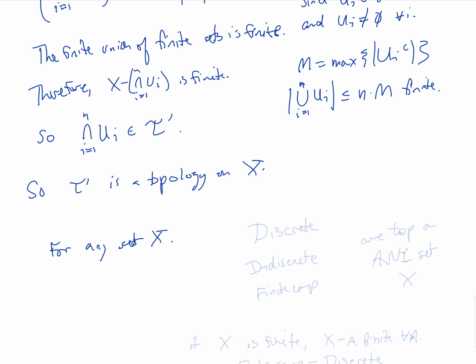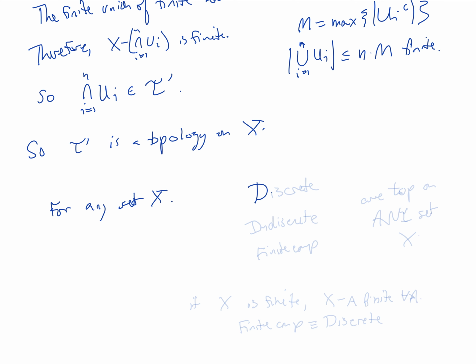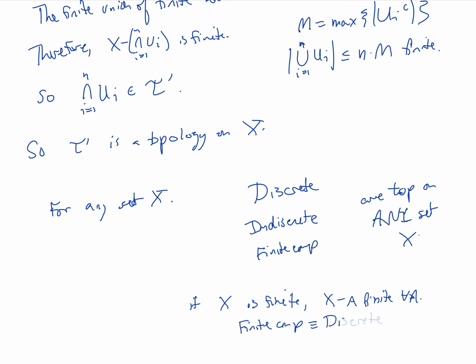So if we have a set X which is infinite, the discrete topology, the indiscrete topology, and the finite complement topology are topologies on any set X. Note that if X is finite, then X minus A is finite for all sets A. And in that case, the finite complement topology is actually the same thing as the discrete topology, because every set has a finite complement, therefore every set is open, and then we're just back to the discrete topology.